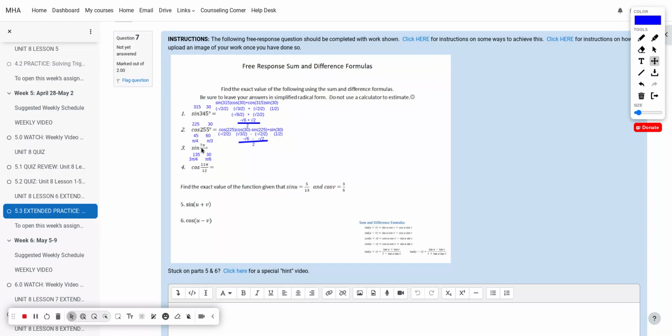So now, pretty much this is just sine of 45 and sine of 60 put together. So, we're going to have the same overall formula, and I'm just going to type it up and explain as I go.